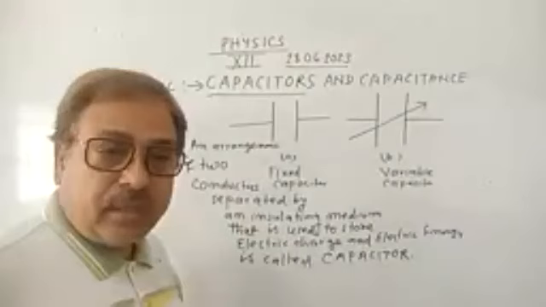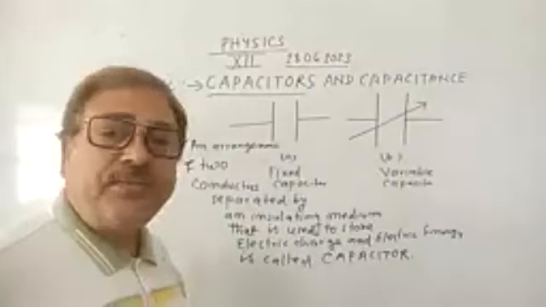If the system of two conductors stores the charges, what is the capacity of the two conductors to store the charges? Let us see how to store the charges and how to define the capacitance.